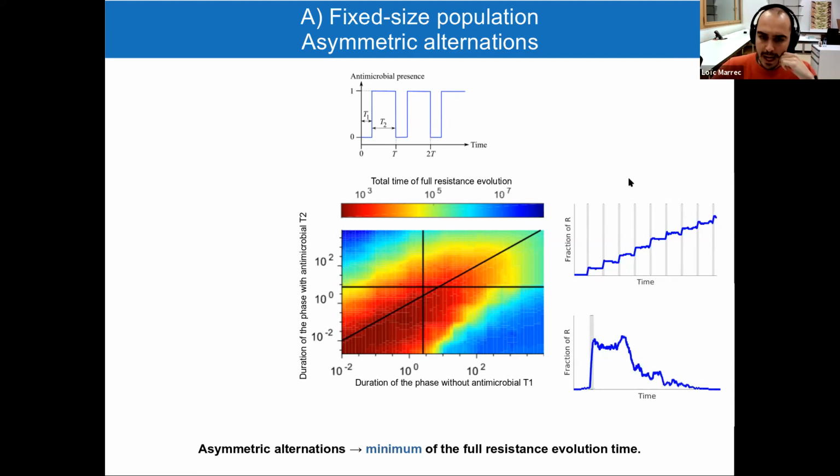Okay. And so it's very interesting to study the case of asymmetric alternations, because you can observe such events. So for instance, in that one, a mutant appears just before an addition of drugs, but the phase, the gray phase, so the phase with drugs, is not long enough to make the mutant fix in the population.